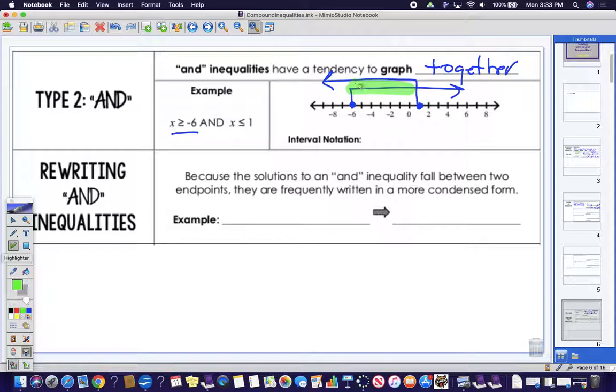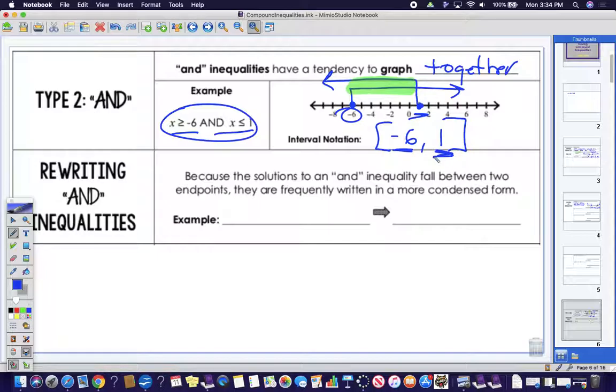Any numbers in that area are going to make both of these true. And remember, in an and statement, any solution has to make both of them true. Now the interval notation is a little different. Since we have a closed circle on -6 and a closed circle on 1, we have brackets, with -6 on the left and 1 on the right.